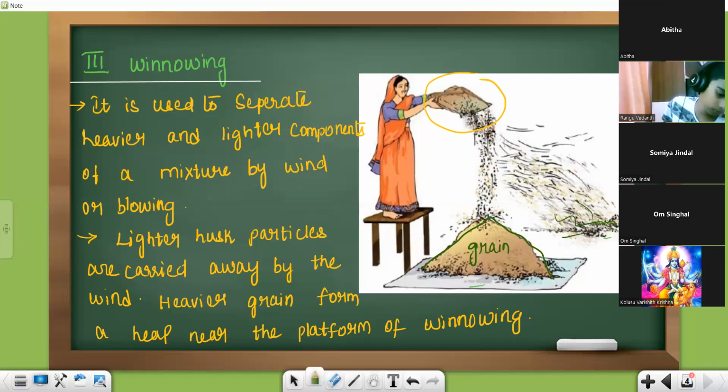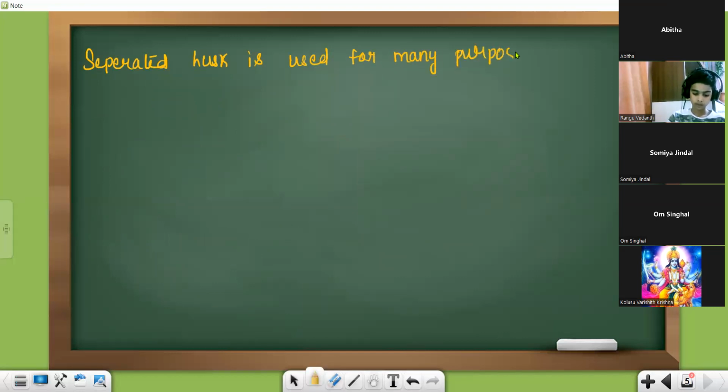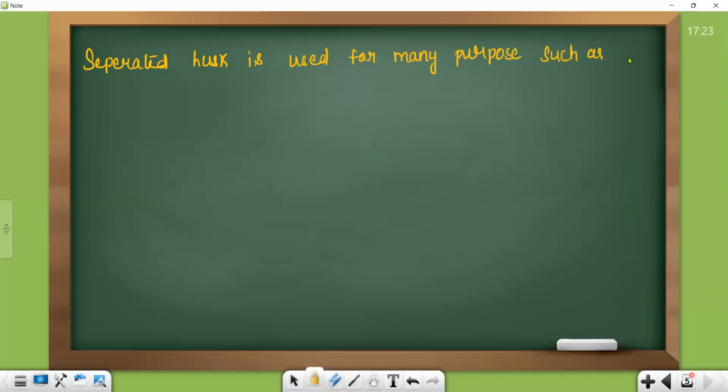Okay, so the next point is separated husk. Husk is used for many purposes such as fodder for cattle.